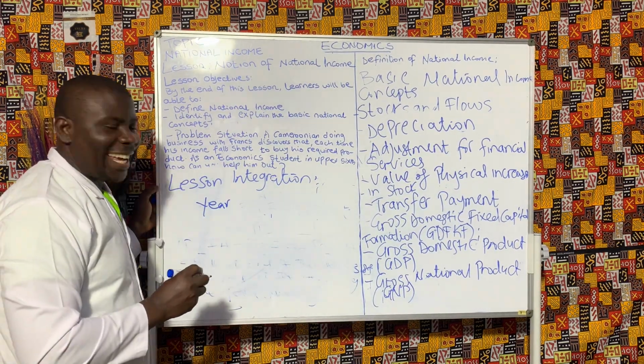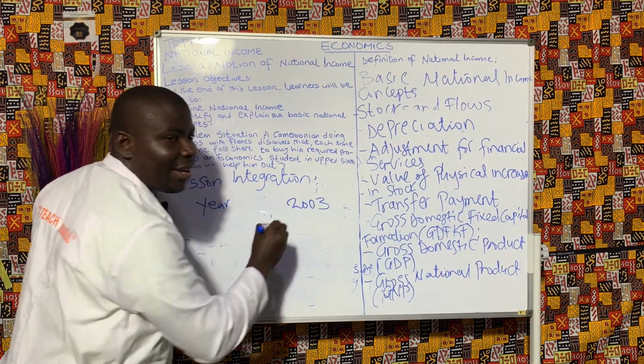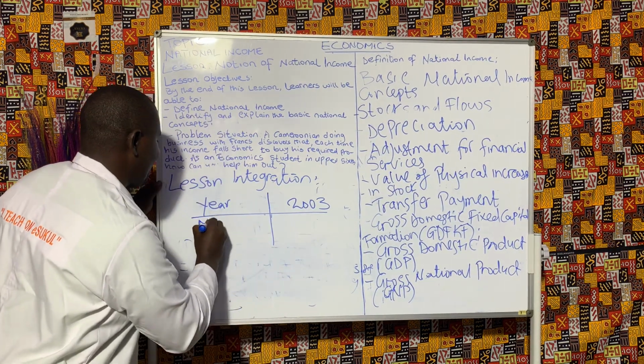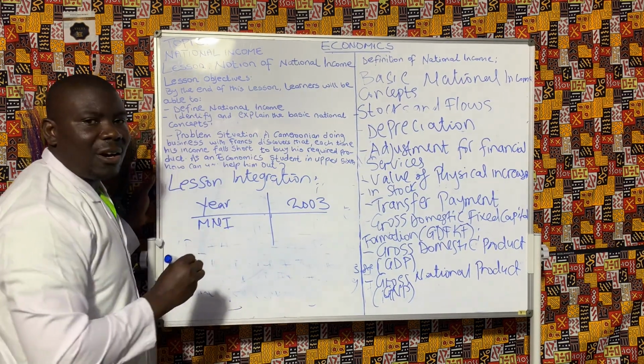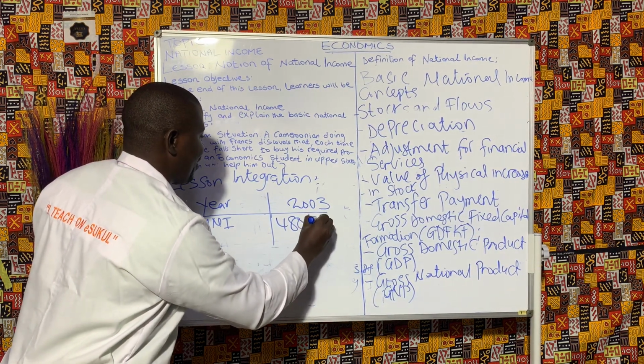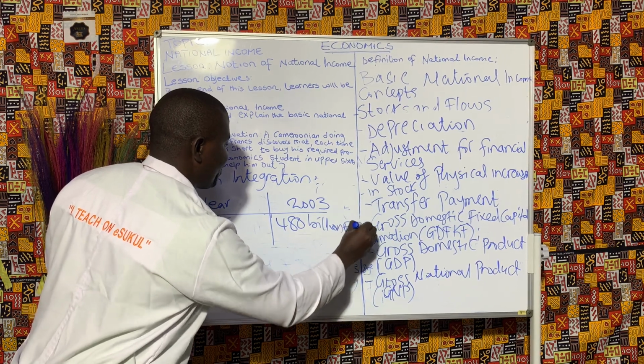So we get the year. The year under consideration is 2023. We have the money national income, which is 480 billion francs CFA.